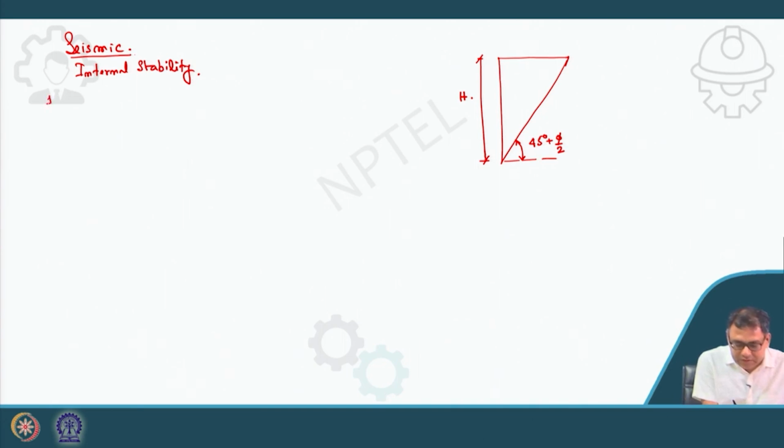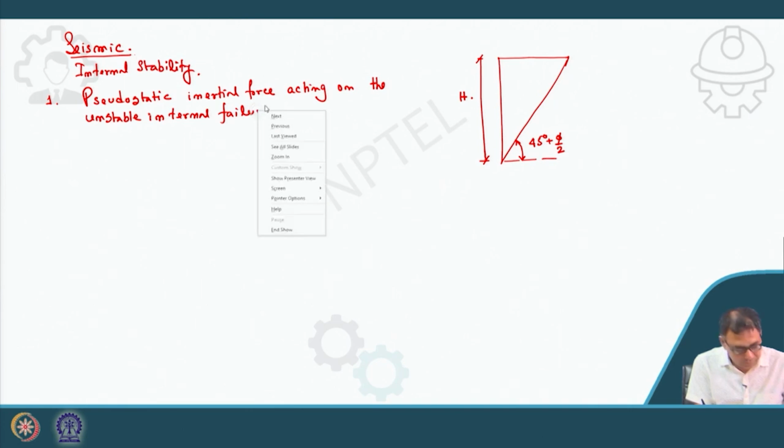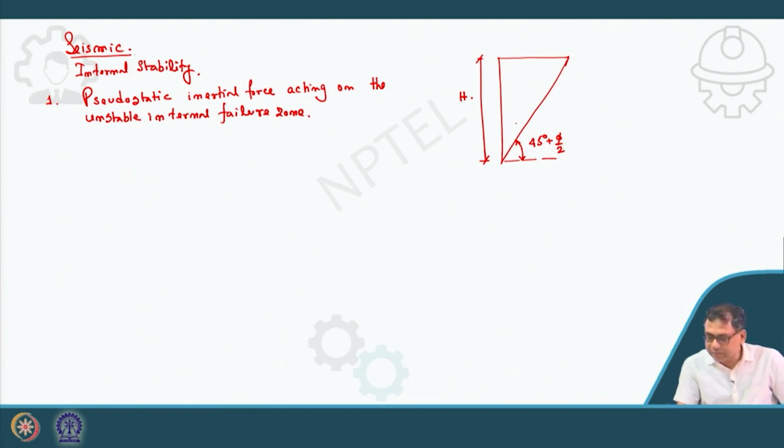So, the first step is the pseudostatic inertial force acting on the unstable internal failure zone. That means here, this is my internal failure zone.